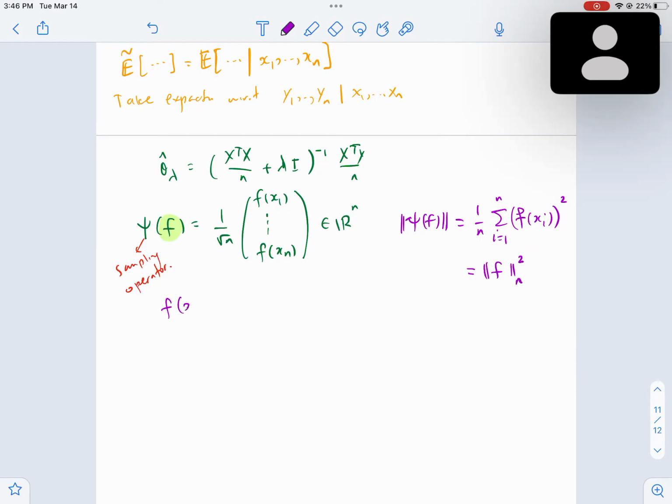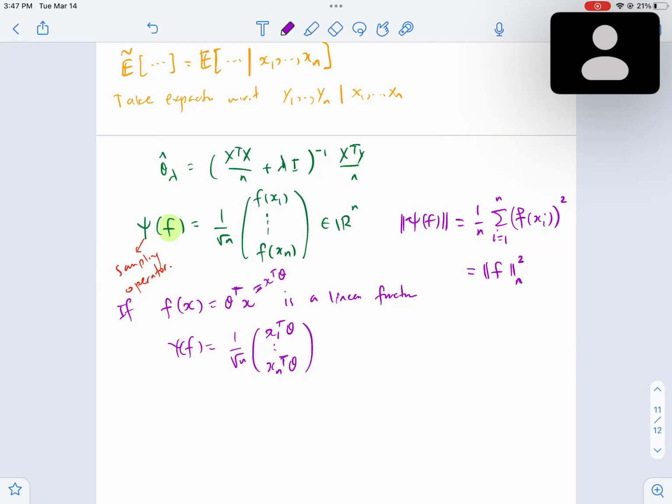Suppose f of x is a linear function. Then psi of f would be 1 over root n times x1 transpose theta up to xn transpose theta, where you can write f as x transpose theta.